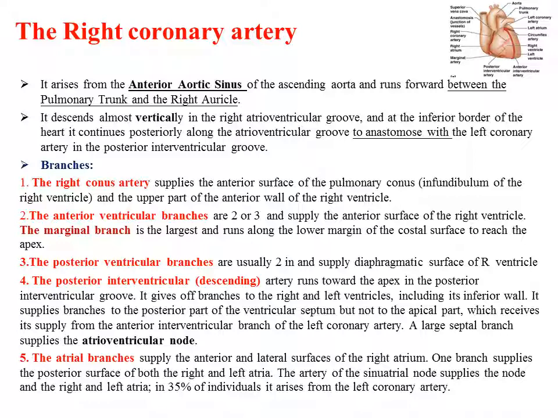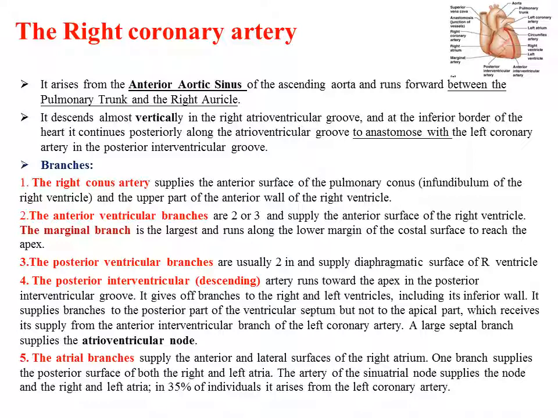Those are two or three and supply the anterior surface of the right ventricle. There is a small artery, which is still important, the marginal branch. It is the largest branch and runs along the lower margin of the costal surface to reach the apex, but it is not mostly supplying the apex, because the apex is mostly supplied by the left coronary artery, by the way.